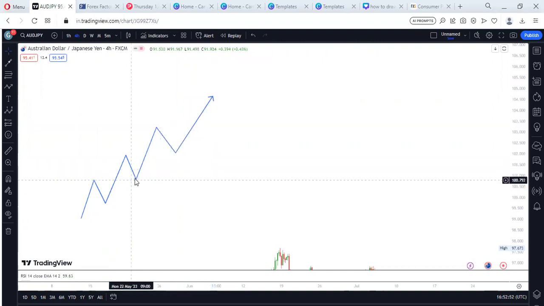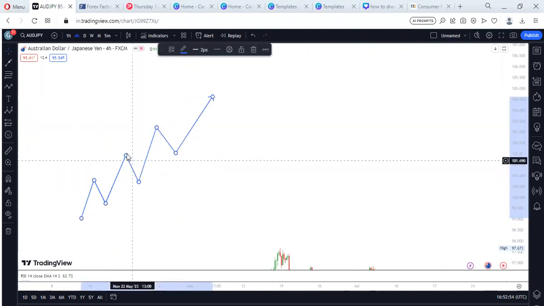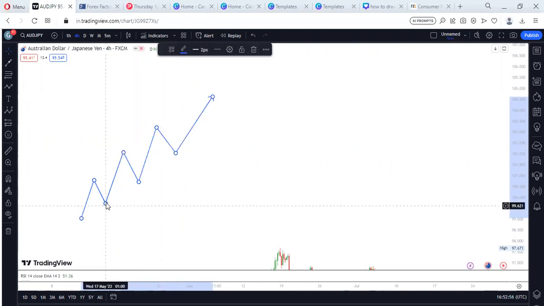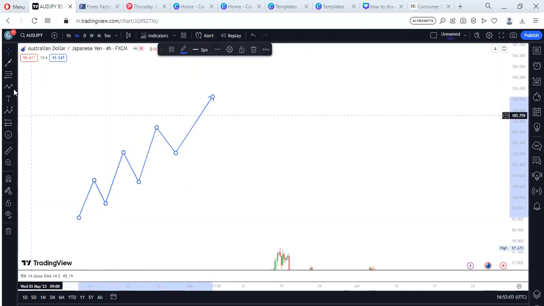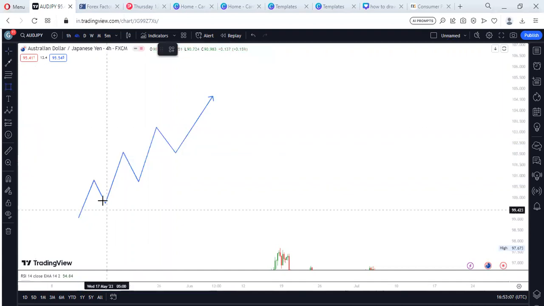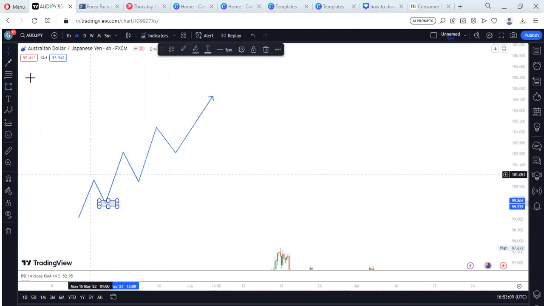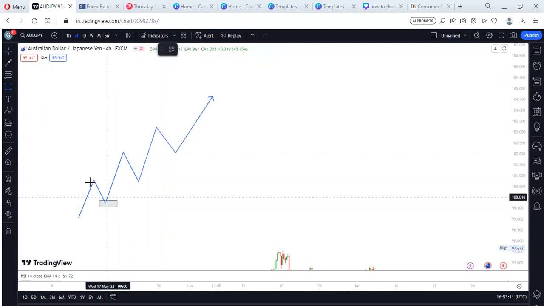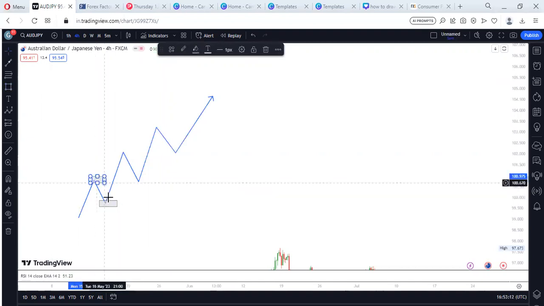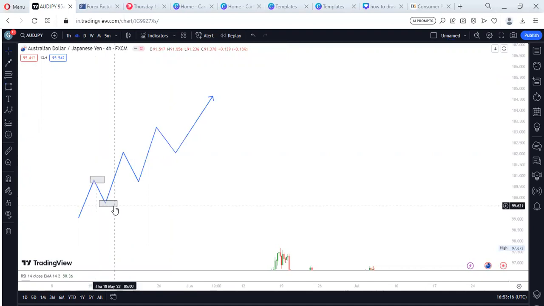Now, to place a trend line, you need a minimum of two troughs. When I say troughs, I mean these areas. These are peaks, and these are troughs.